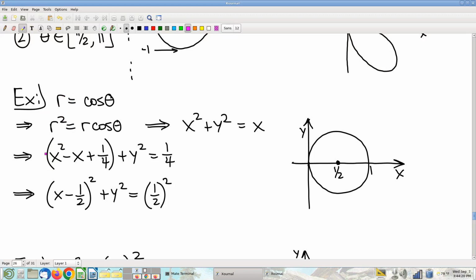And you could. Problem is, cosine squared, what are you going to do with that? So the clever move, wish I'd thought of this, is don't square both sides. Multiply both sides by r. Then this turns into something that I can immediately convert. And this does too.